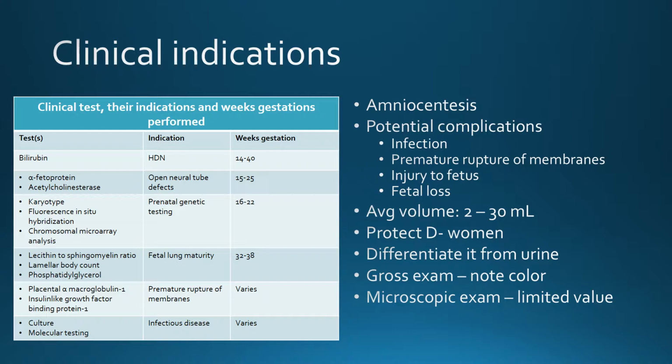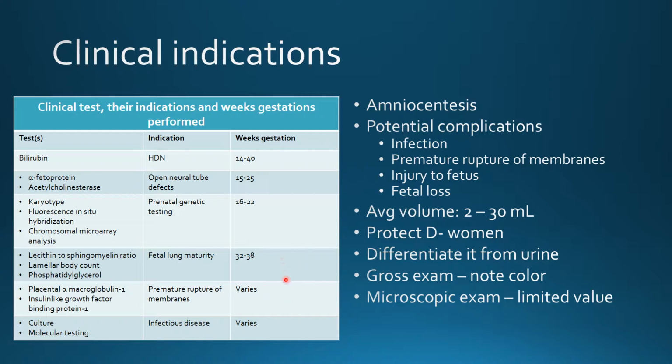That's usually what we're trying to figure out in our clinical lab. And the tests that we're going to use to do that are given in this chart here. You can see some of them down here, like the fetal lung maturity. Those are the key ones that we do, as well as premature rupture of membranes.